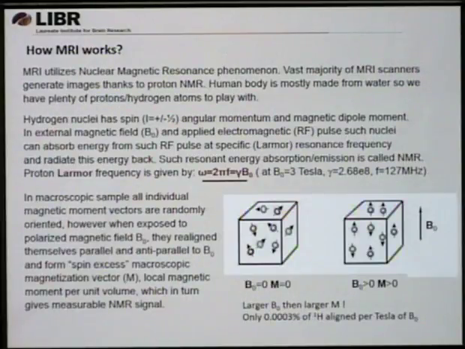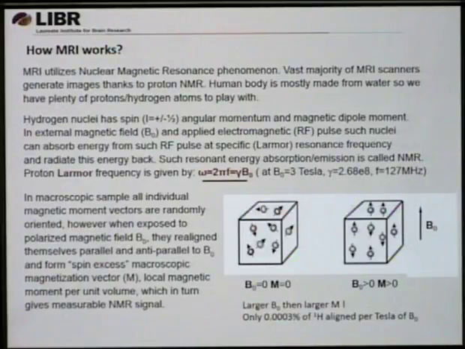And because we have so many water molecules, each water molecule has 2 hydrogen atoms, H2O, right? So we have plenty of those spins inside us. So what is actually happening if there is no magnetic field? I'm standing here and talking to you, not inside the big magnet.